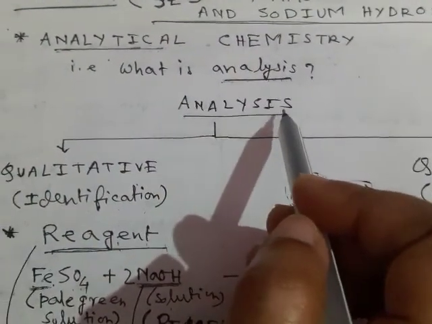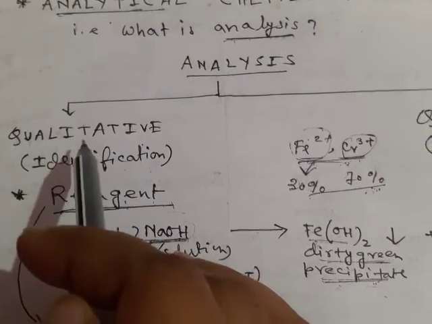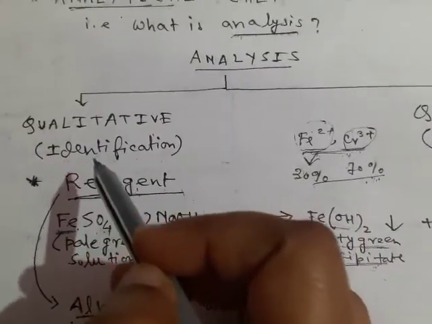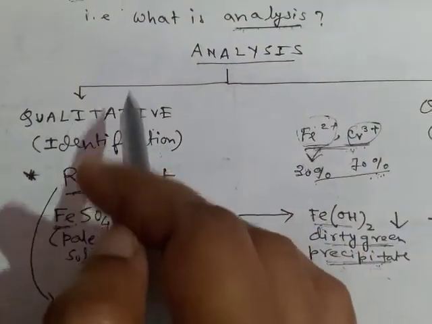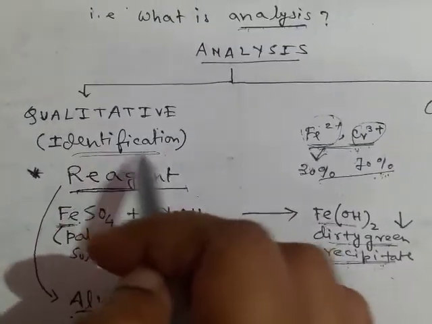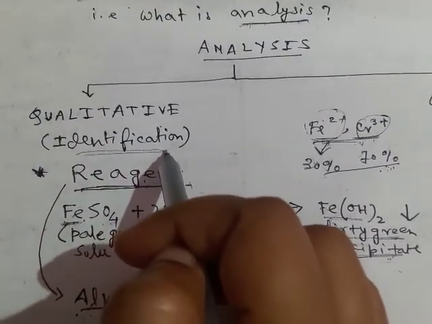Now this analysis may be of two types. One is qualitative analysis and the other one is quantitative analysis. Now what is qualitative analysis? Qualitative analysis mainly deals with identification of different chemical components.